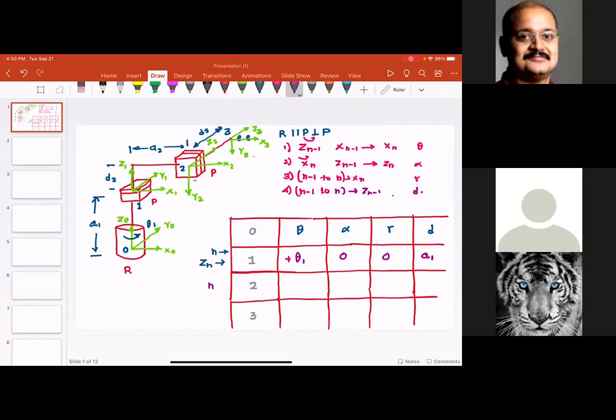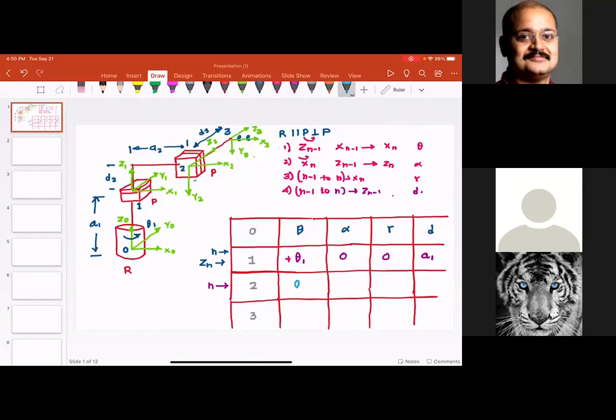Now my n is going to be 2. So the first rule is, please read it as rotation about z1 so that x1 gets aligned with x2. And please note that this is minus 90. Oh yeah, sorry, I made a mistake. Sorry, this is 0. Correct.